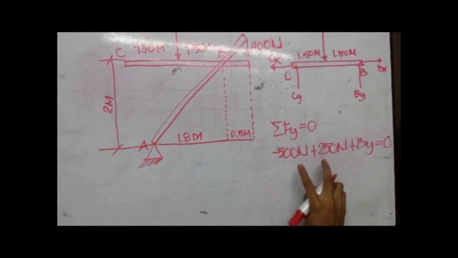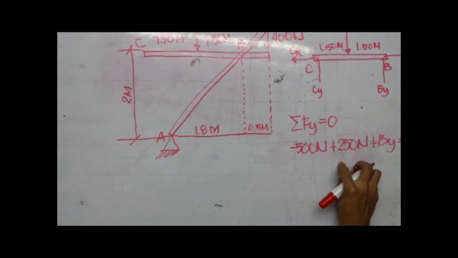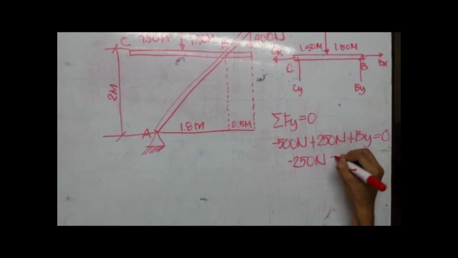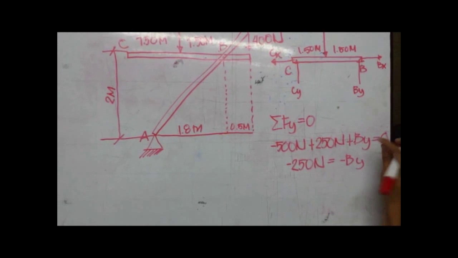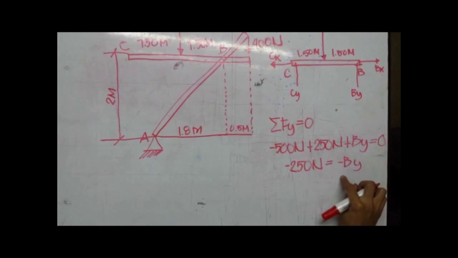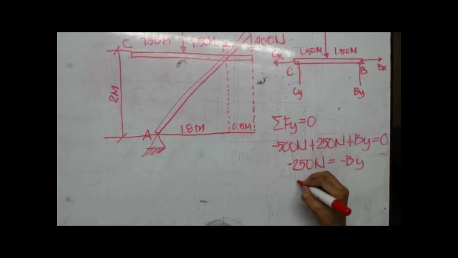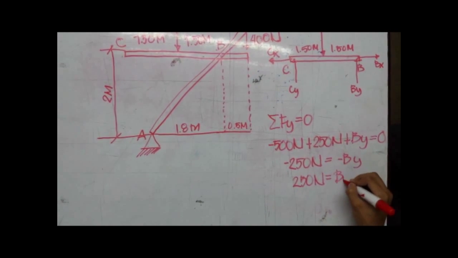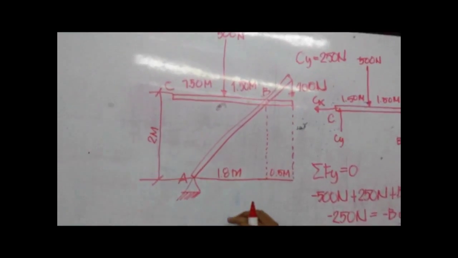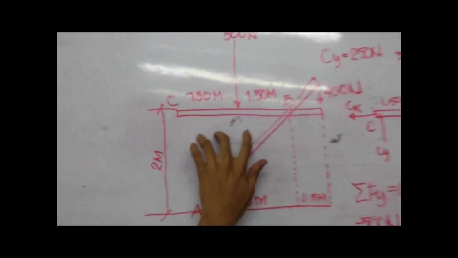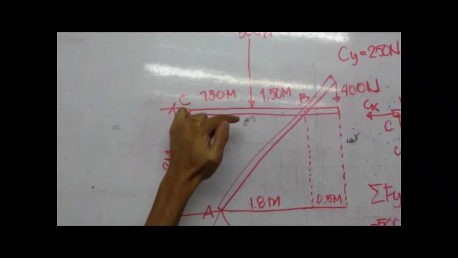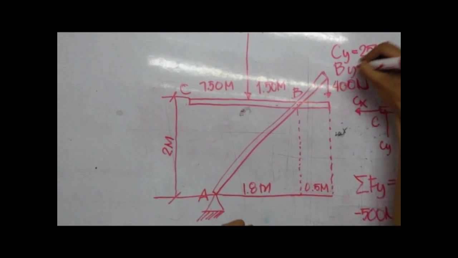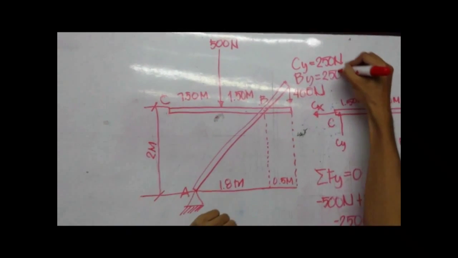Simplifying this, adding negative 500 with positive 250, we get negative 250 newtons equal to negative By. We transpose the By to the other side. So in short, we conclude that By is equal to 250 newtons too. As you can see from the given, both points have equal distances from the force that goes down, having 500 newtons. So we gotta remember that By is equal to 250 newtons too.